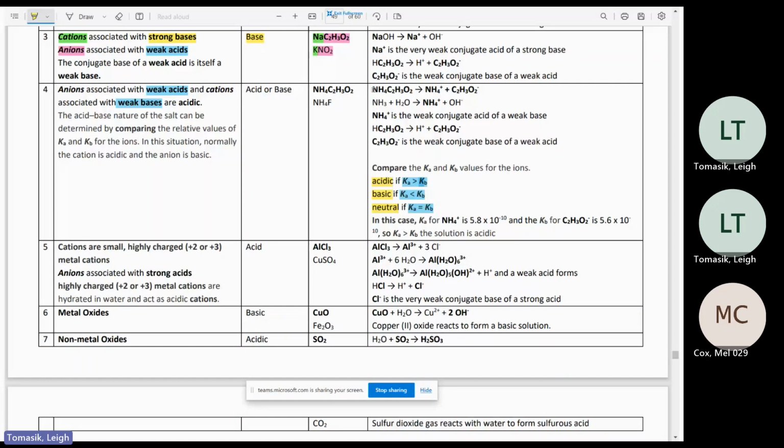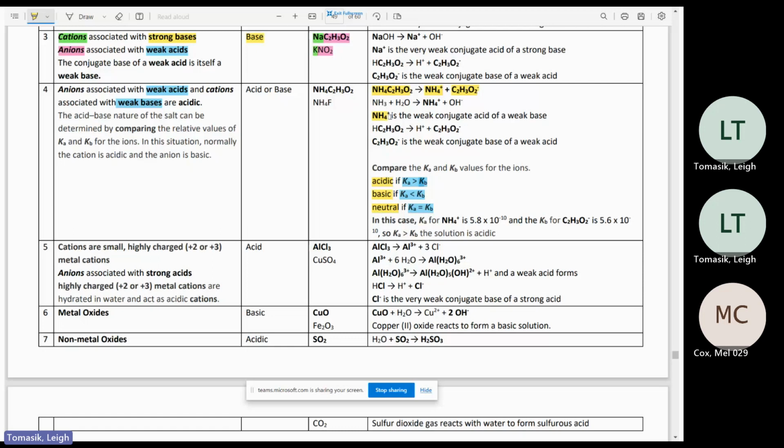So the cation here is NH4 plus, and the anion here is acetate. So we can look up the Ka for NH4 plus. Actually, let's back up a second.